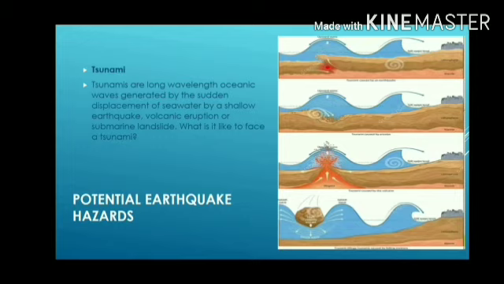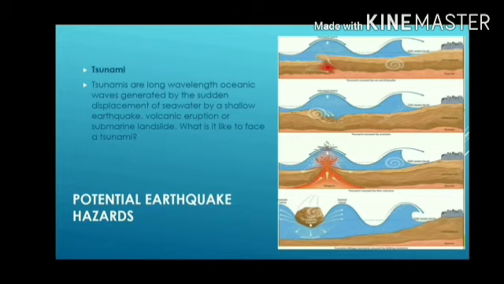So eruptions of volcanoes can also cause a tsunami, volcanoes that are located under the oceans. So volcanic tsunamis can be caused by underwater explosions and shock waves caused by large explosions.